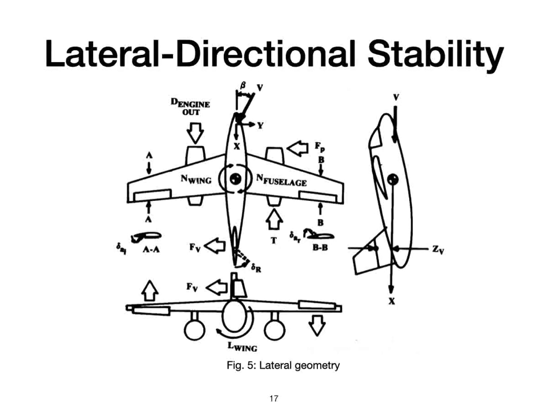Lateral directional stability. In many ways, the lateral directional analysis resembles the longitudinal analysis. However, the lateral directional analysis really embraces two closely coupled analyses, the yaw and the roll.